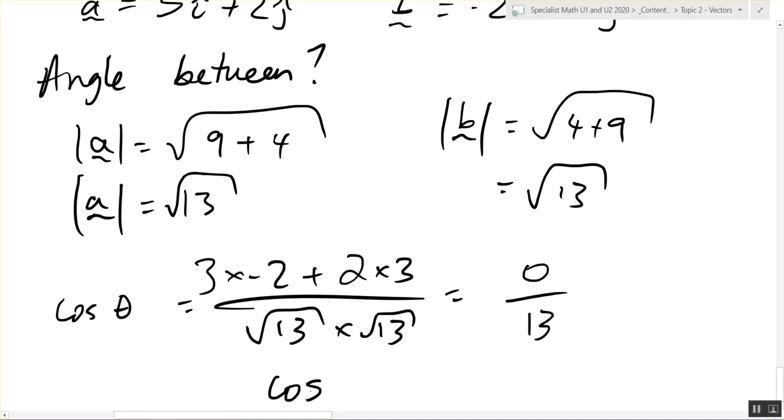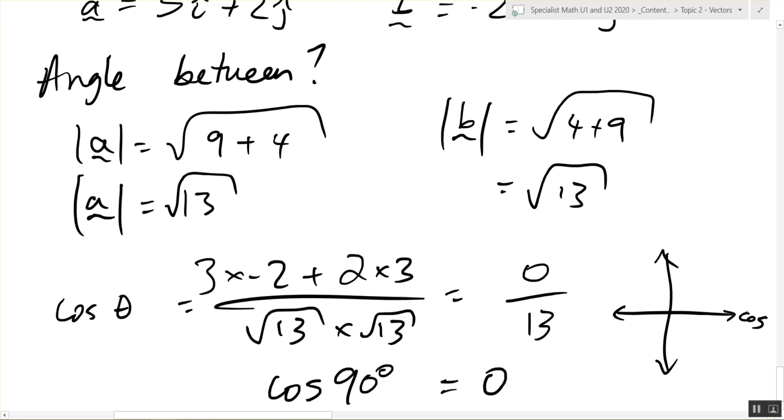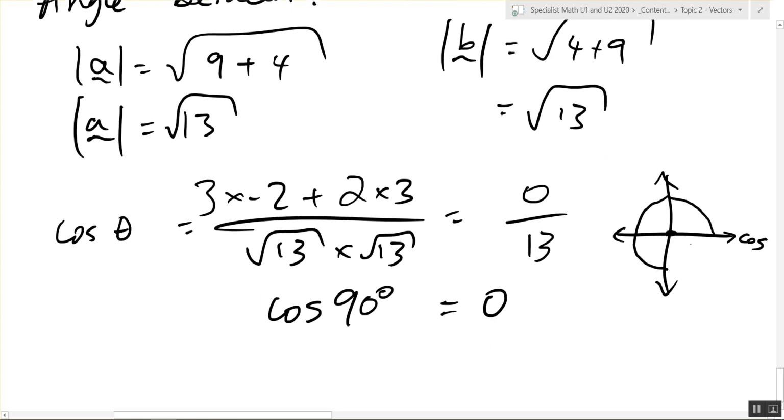So the angle between them: cos theta equals 0. This is the cos axis. We start here, we go 90 degrees, not the angle. What's the value on the cos axis? 0. So it could also be 90, 180, 270.